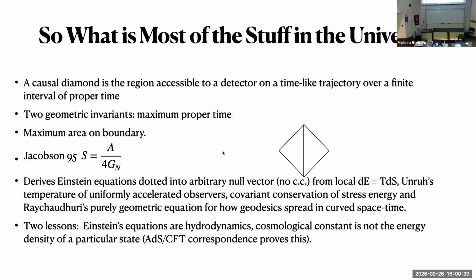We have to understand how to vary S. It turns out variation of area, there's a nice equation that depends just on geometry, doesn't depend on Einstein's equations or anything, that was derived by a fellow named Raychaudhuri many, many years ago. And in the vicinity of a maximal area surface, that equation simplifies dramatically in a way that I'll show you in a minute.